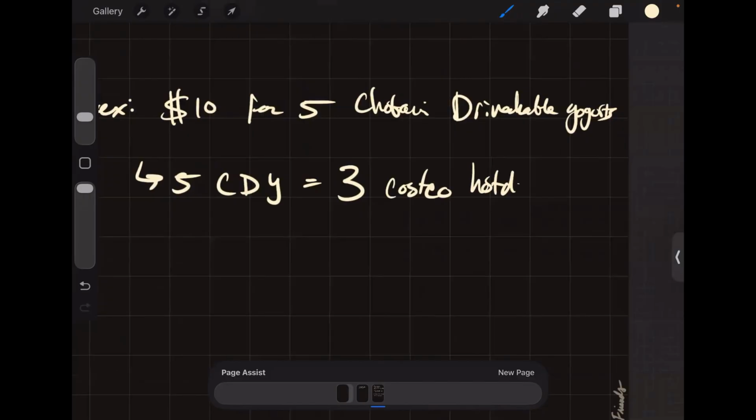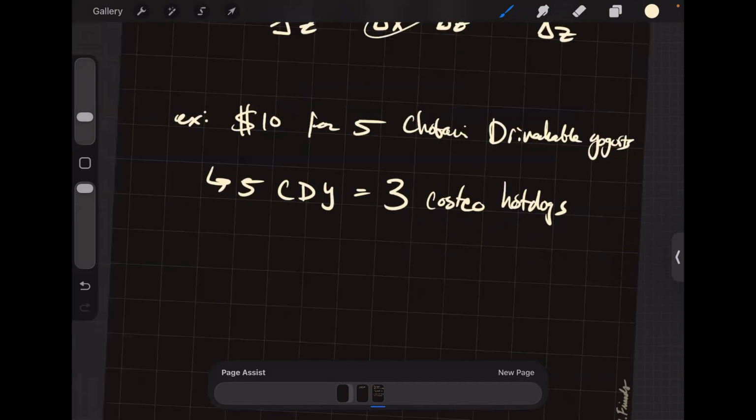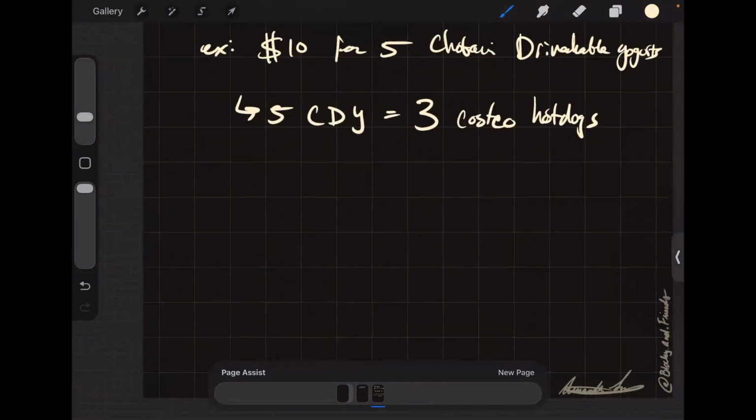If you know how much a Costco hot dog costs, no, you don't. Okay, that's a great sanity check, though. Then you can ask the question, how much is one Costco hot dog?